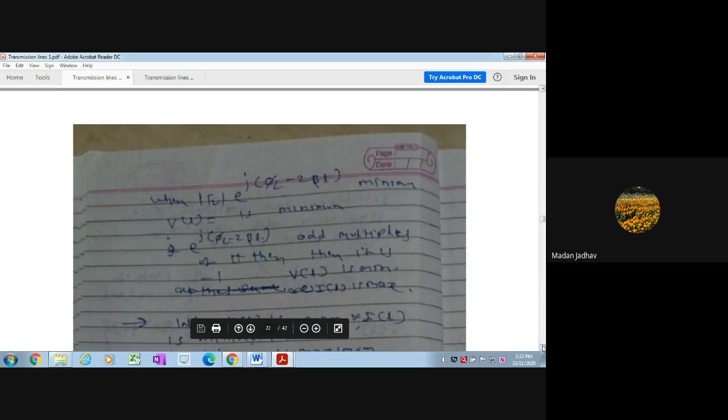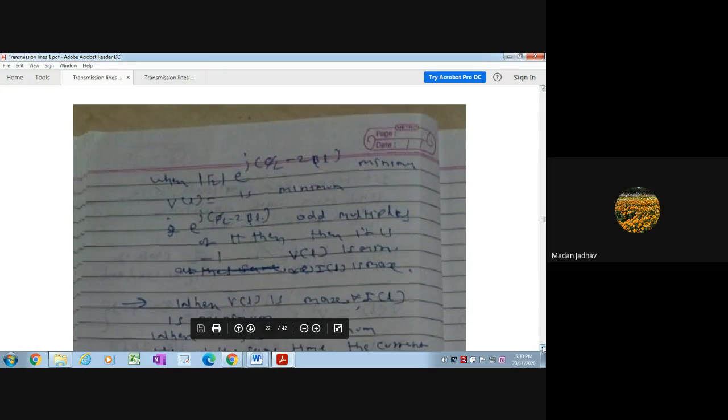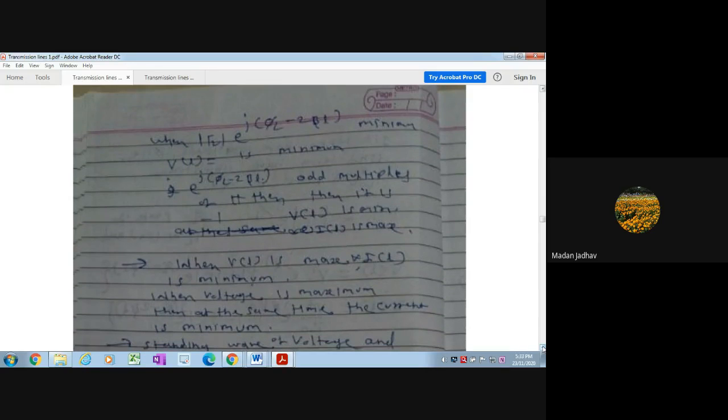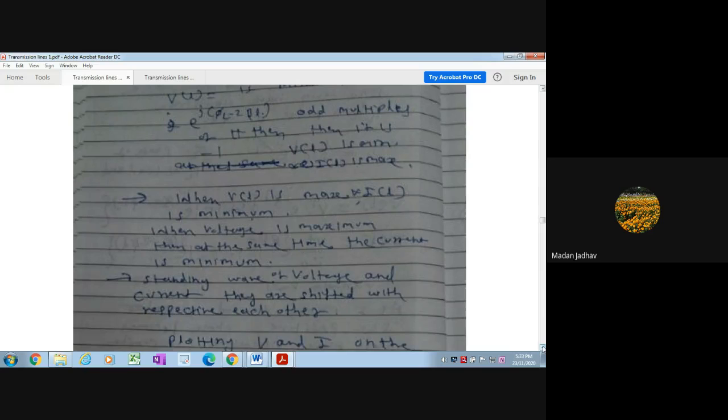And for even multiples of pi, you will get the voltage maximum. Even multiples means 2 pi, 4 pi, 6 pi. For all these phases, you will get the maximum voltage along the transmission line, and at the same time, the minimum current.